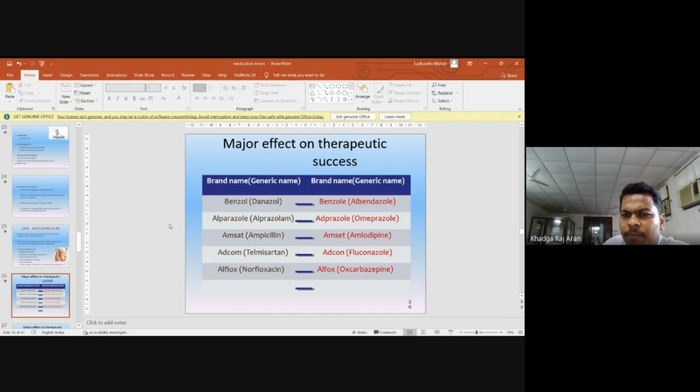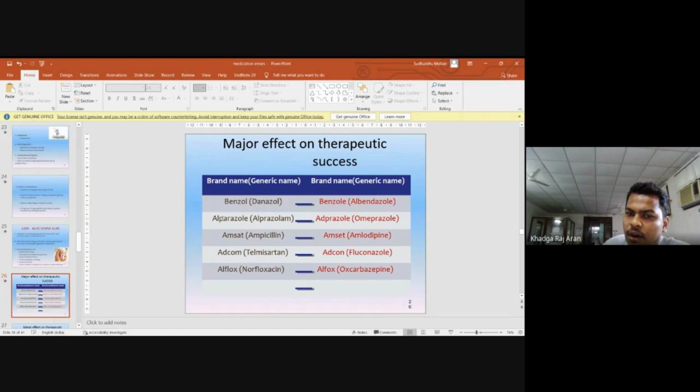So, for major effect on therapeutic success, you can see the brand name and generic name of the medicines, for example benzol and benzol. This one consists of danazol, and the other consists of albendazole. So these are different categories of medicines.